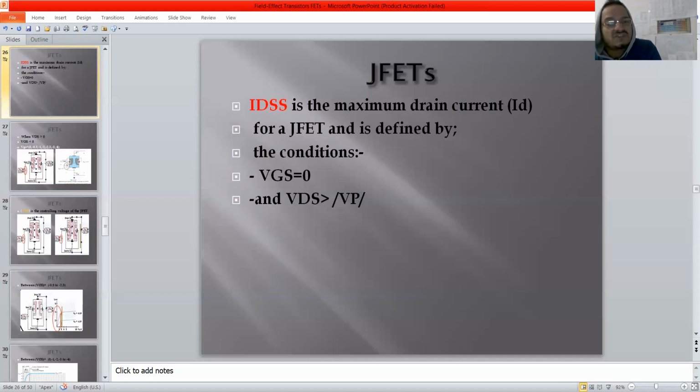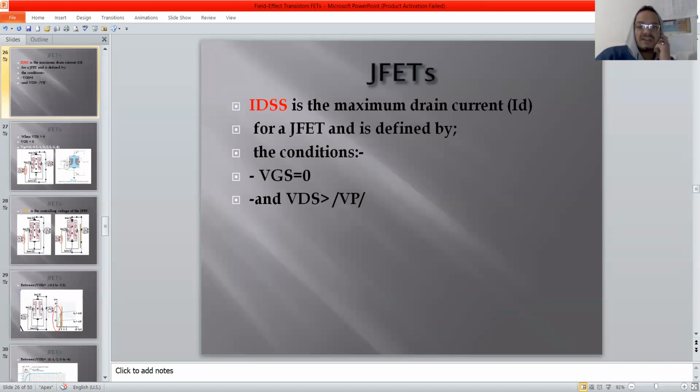Eventually, when gate source voltage equals minus pinch-off voltage, and in this example it was minus 4 volts, it will be sufficiently negative to establish a saturation level that is essentially at 0 milliampere. And for all practical purposes, the device has been turned off, switched off.